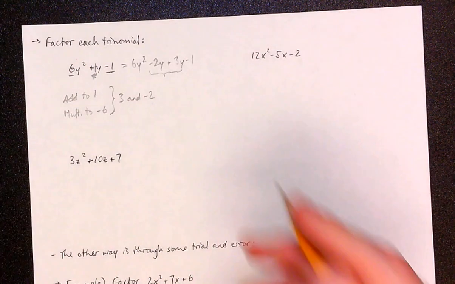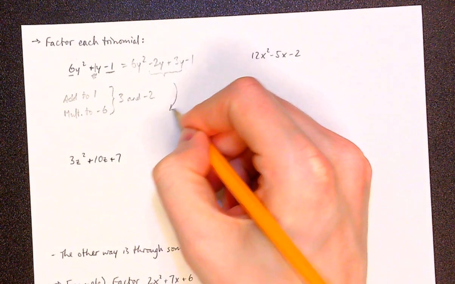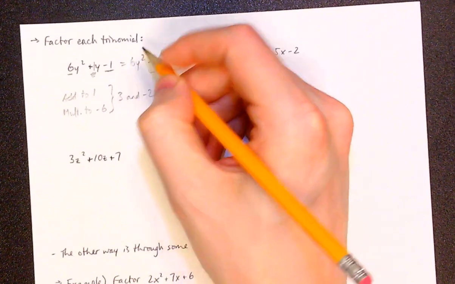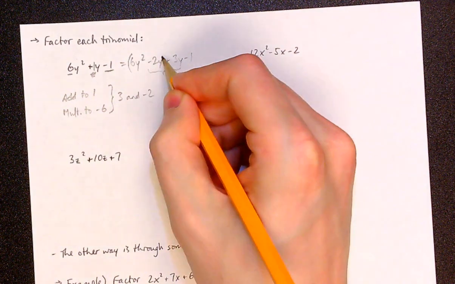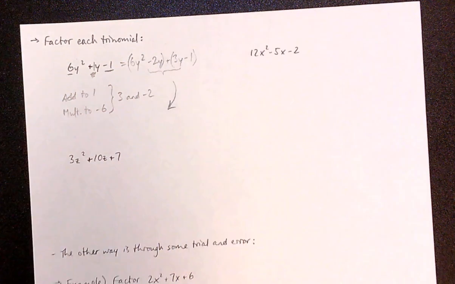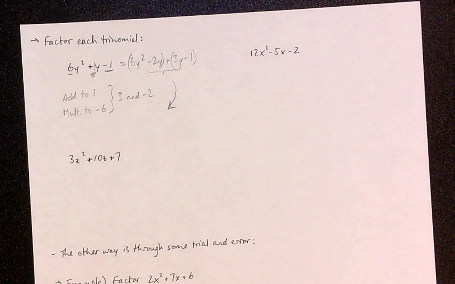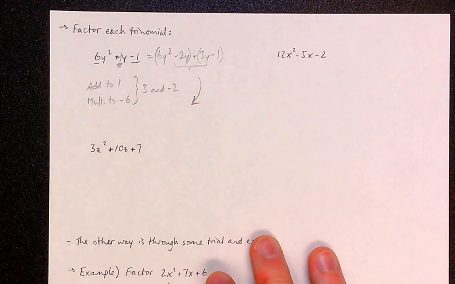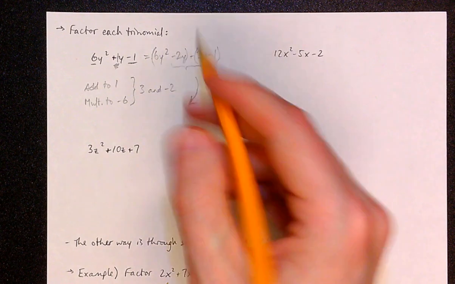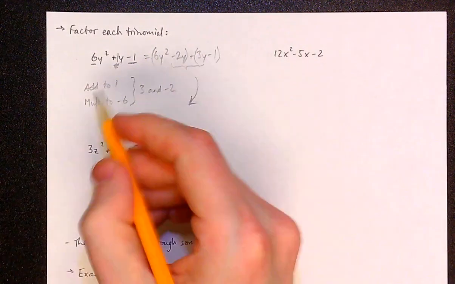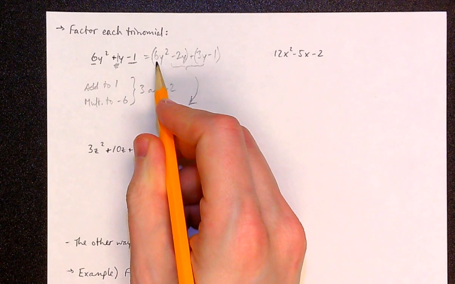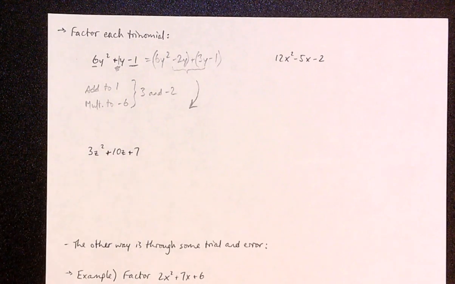And now we factor by grouping. We'll give ourselves some more room, and we'll go down here. We're going to look at those two terms and those two terms as forming my two groups. So what is the GCF of 6y squared and 2y?